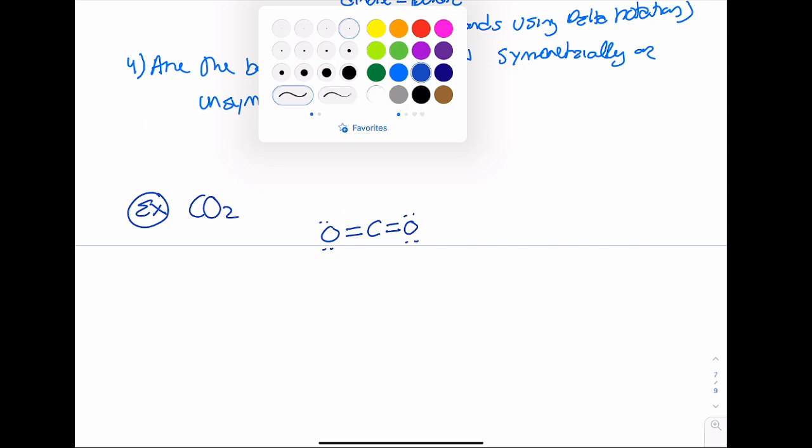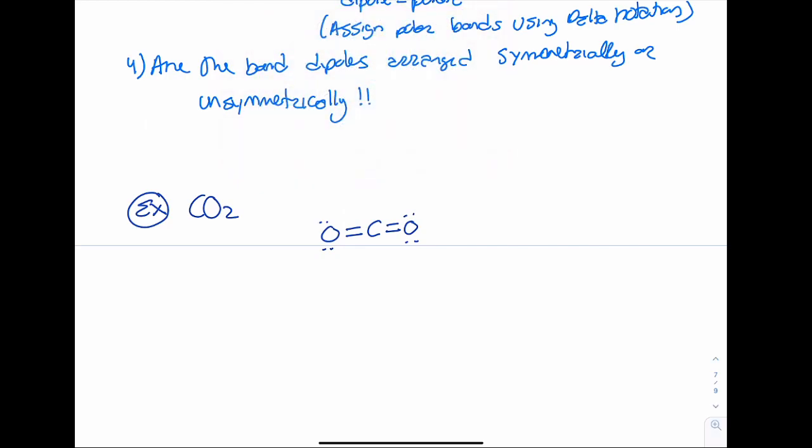I know that carbon-oxygen bonds are polar, right? Remember our nonpolar bonds: something bonded to itself, carbon and hydrogen, phosphorus and hydrogen, and carbon and phosphorus. Again, there are others, but this is the list I'm going to stick to. Carbon, oxygen are not on that list, so these are polar. Oxygen's more electronegative, so it gets the partial negative. Carbon gets the partial positive, and those electrons are being pulled in that direction.